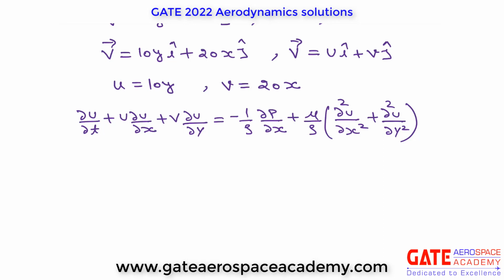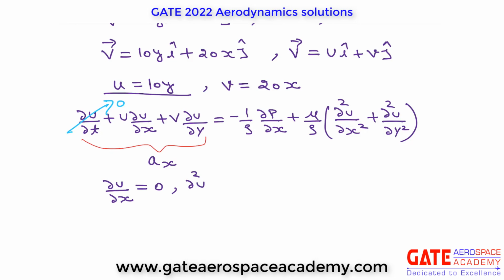And what is this term? That is the acceleration in x direction, right? In lecture we saw this. This is the easy way to remember that the left hand side is the acceleration in x direction. Now for steady flow, this term is 0. What about dou u by dou x? u is not a function of x here, so 0.